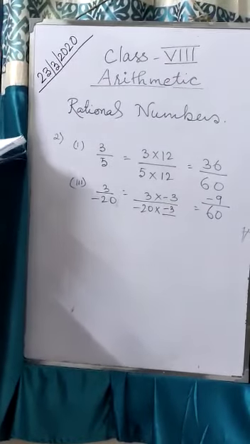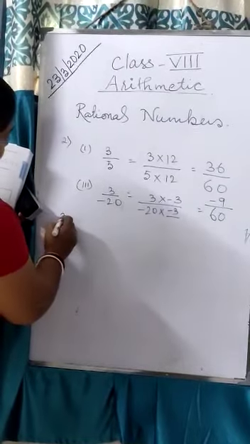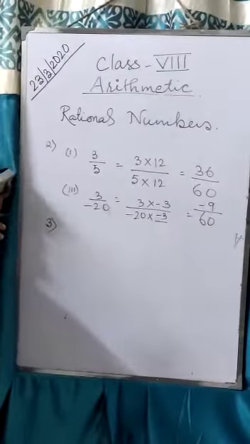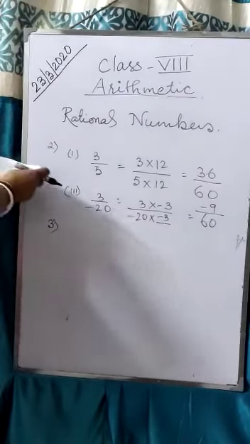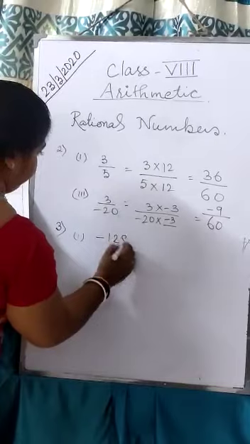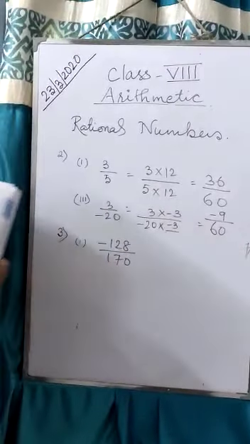Convert into their standard form. In number 3, you have given the rational numbers and you have to reduce them to lowest terms. That is called standard form. In this example, the first one is given 128 by 170. Now we are going to reduce it.